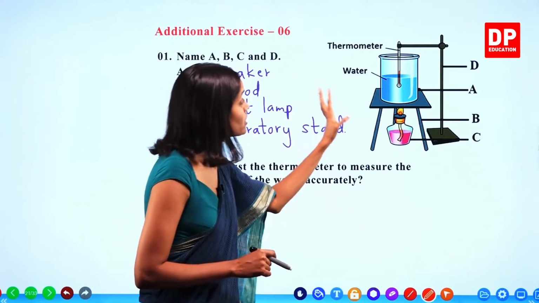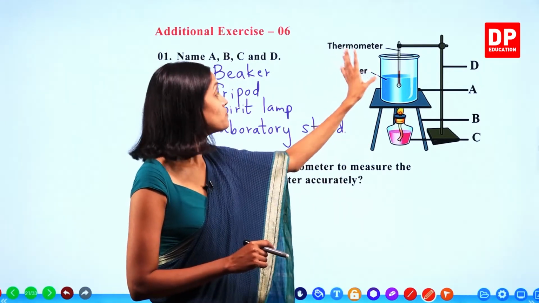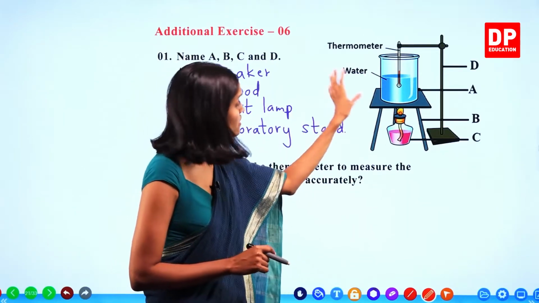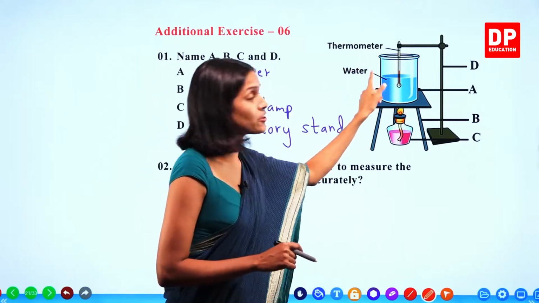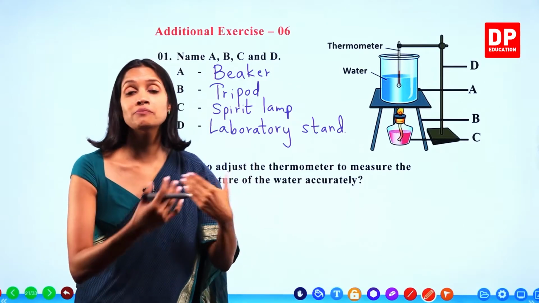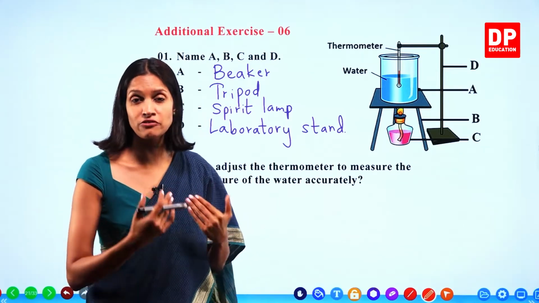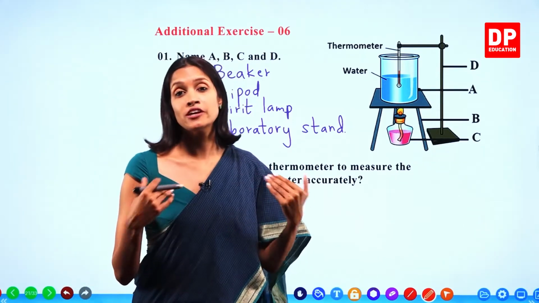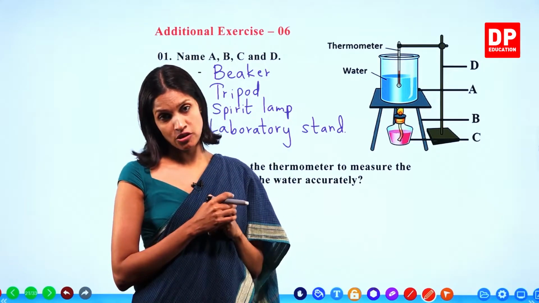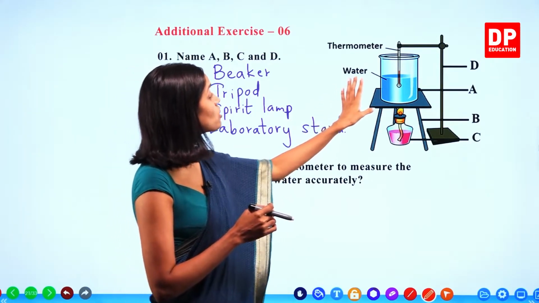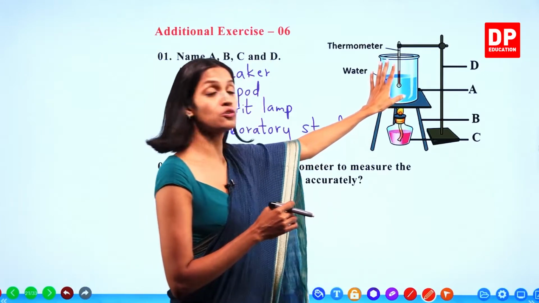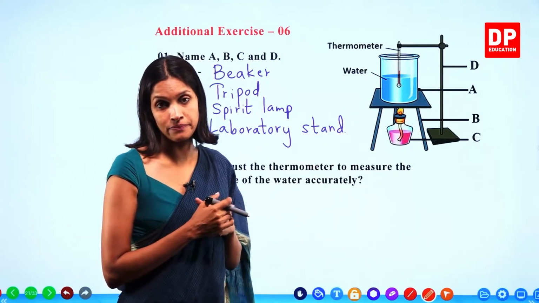Right? Because we are going to measure the temperature of the water here. Therefore, the bulb of the thermometer should be surrounded by water or the liquid or any other substance that we are going to measure the temperature of. Okay? So it should not touch the walls of the beaker or the bottom of the beaker.